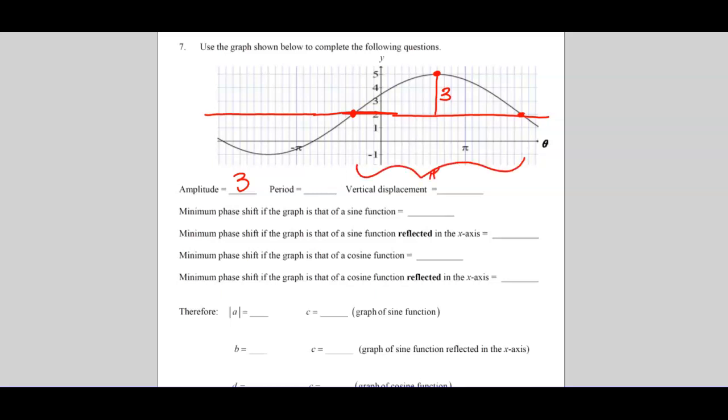That's half a cycle. Oh, sorry, what did I just say? That's pi plus another pi is 2 pi. So half a cycle is 2 pi. Double it is 4 pi. So the period here is 4 pi.